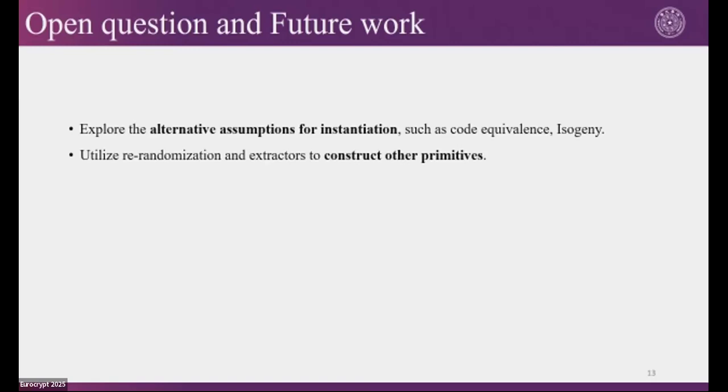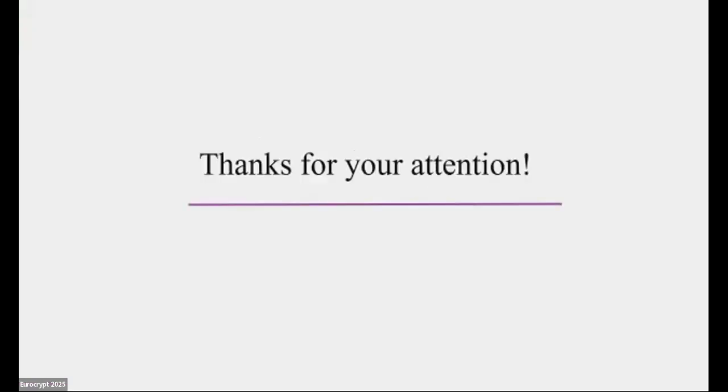And it will be interesting to utilize the randomization and extractor to construct other primitives. And finally, how to construct a homomorphic commitment based on a general loop action will be a really interesting question. Okay, thank you for your attention.